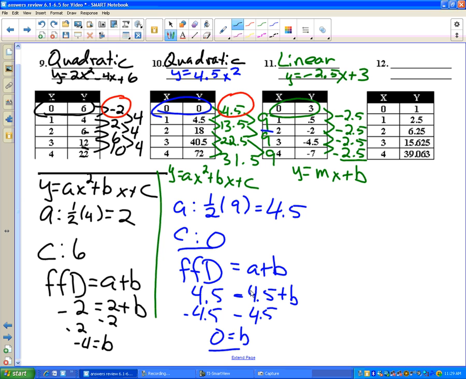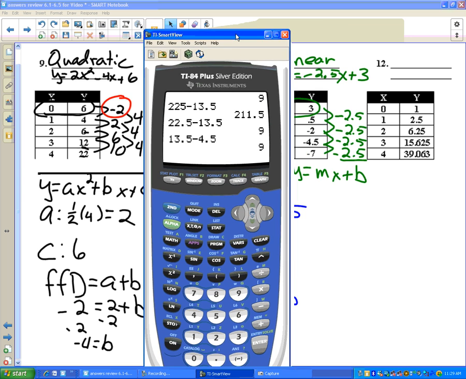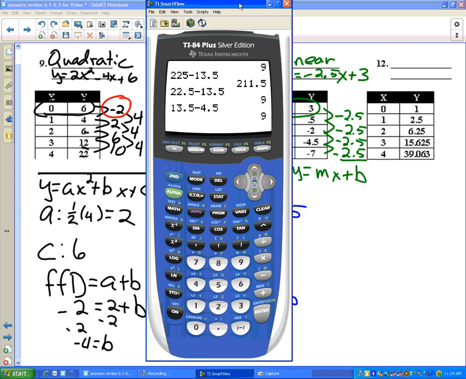Lastly, let's start with number 12. Again, I could start with my differences, but because I have these lovely fractions that go through here, I'm going to guess to see if exponential is going to work first, because the decimals tend to tell me that exponential goes first.